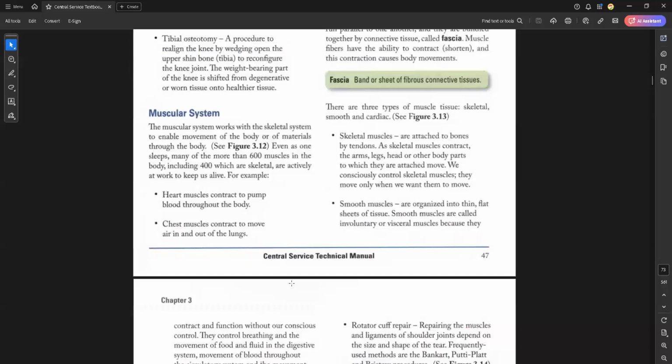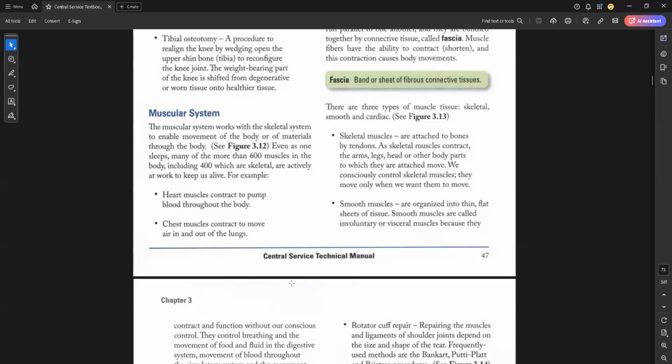So when you hear about the muscular system, we are talking about the muscles. When people are playing soccer, football, or when they are running, Usain Bolt, look at how their muscles pull, or basketball players when they jump.